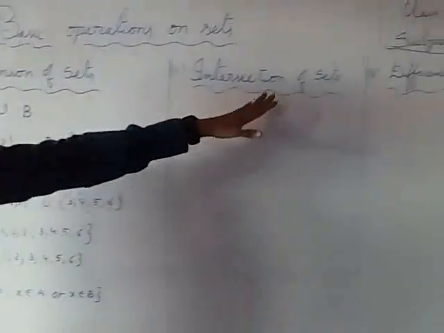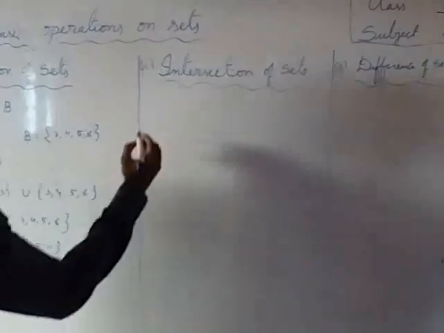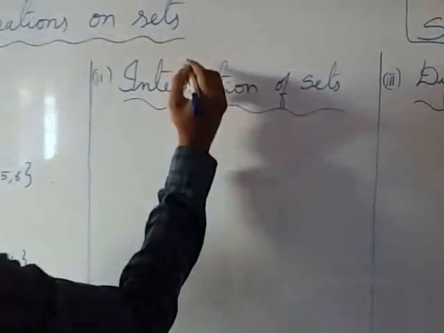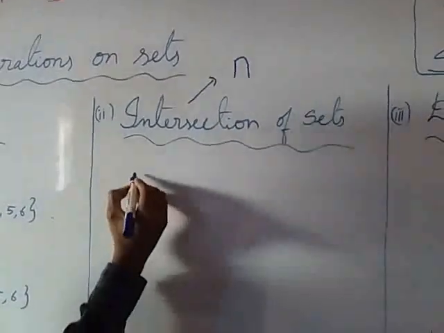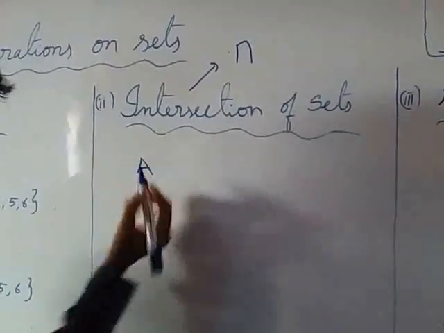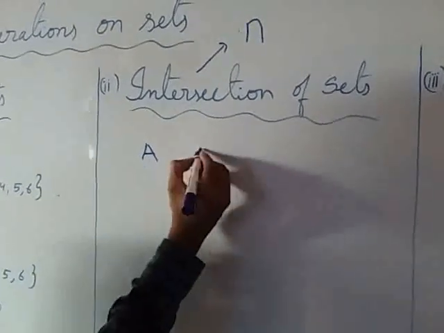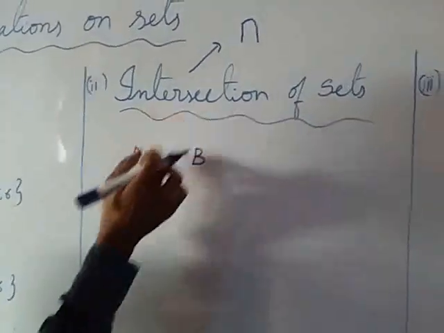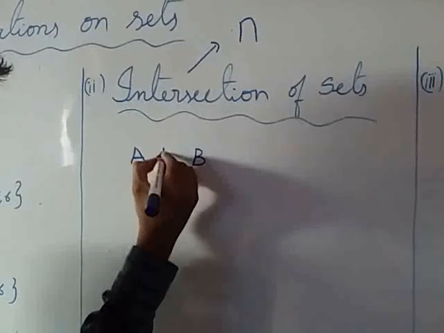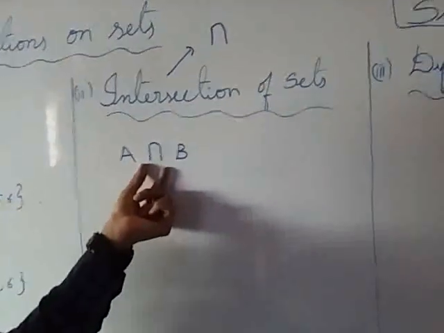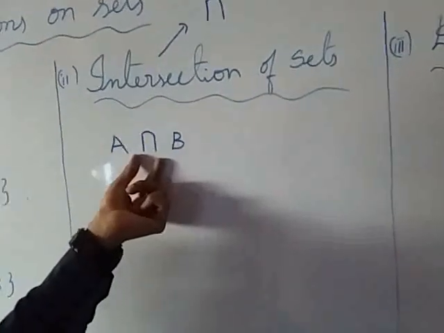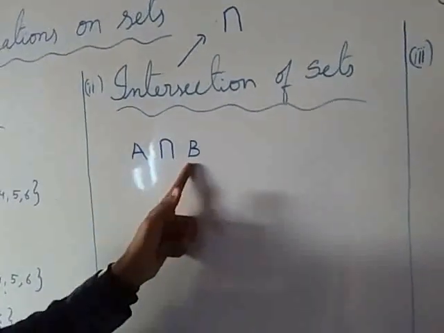Next is the intersection of sets. The intersection symbol can be written as follows. Consider two sets, A and B. A intersection B uses this symbol, which is called cap or intersection.